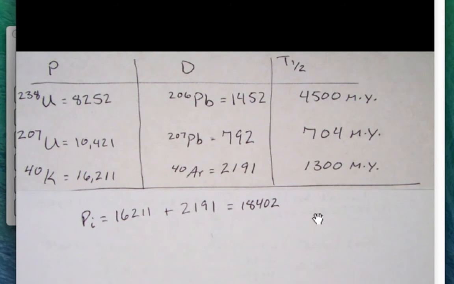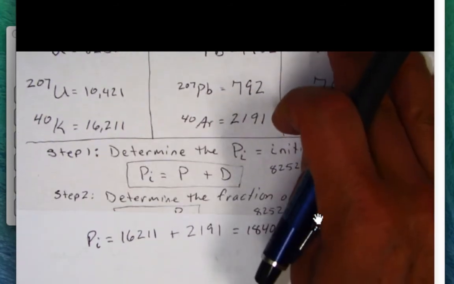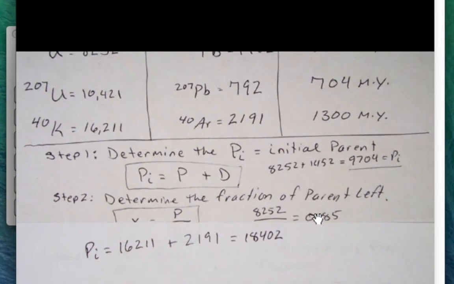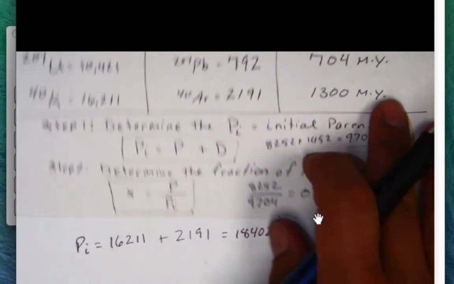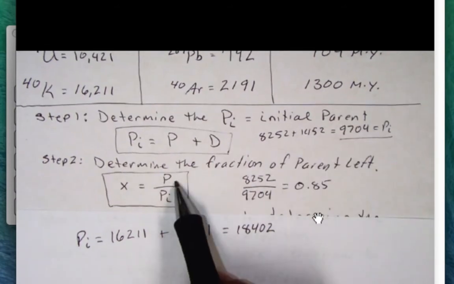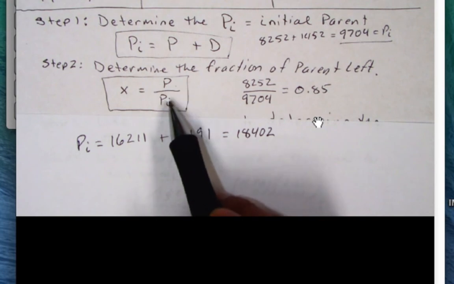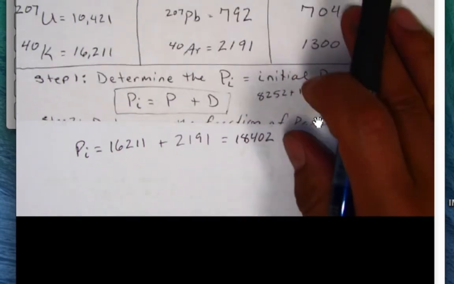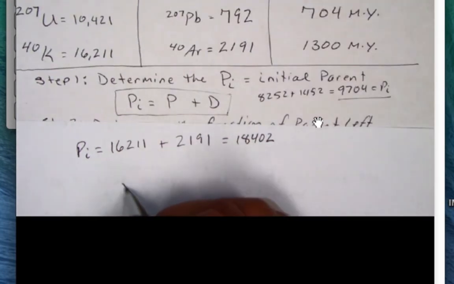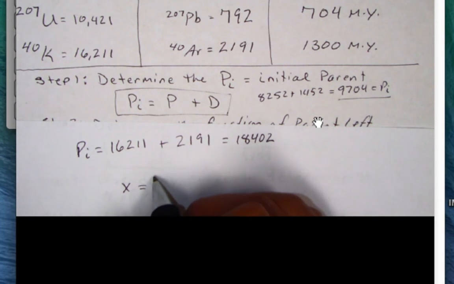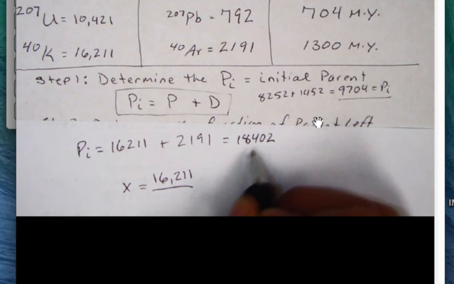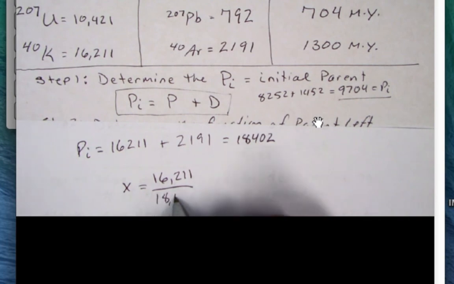Now, the next step we want to do here is determine the fraction of the parent left, right? And so we just take what we have today divided by that initial. So here we're going to take that 1611, so x here is going to be 1611 divided by this 18402.